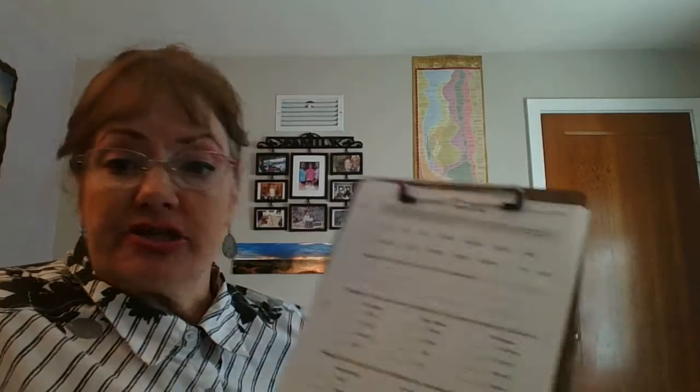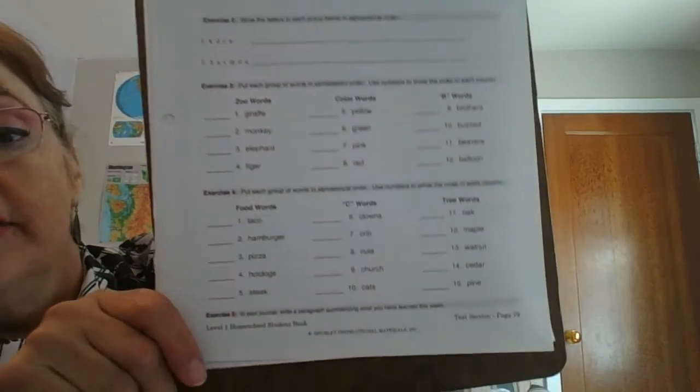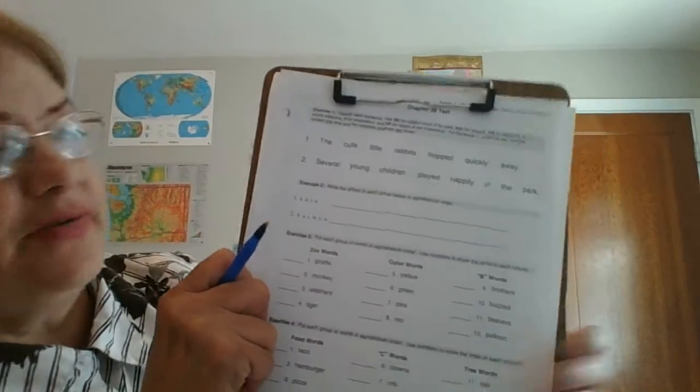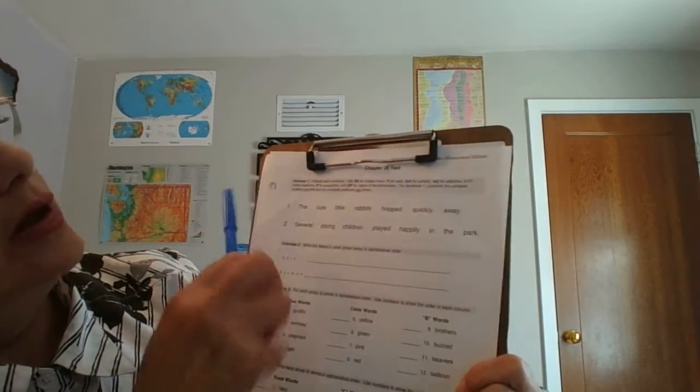I assigned you also, it's going to be actually your final test of the year. It's on page 79. At the top it says Chapter 26 Test, page 79. And in the previous video, I just classified a sentence with you, went over all the different types of words that show up in these.